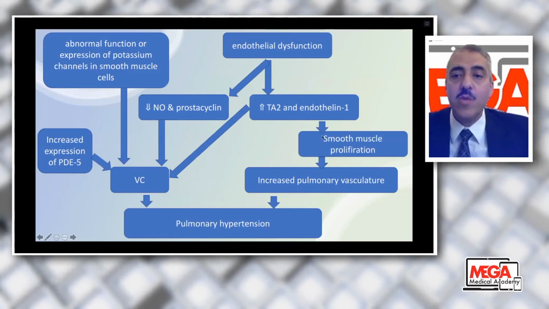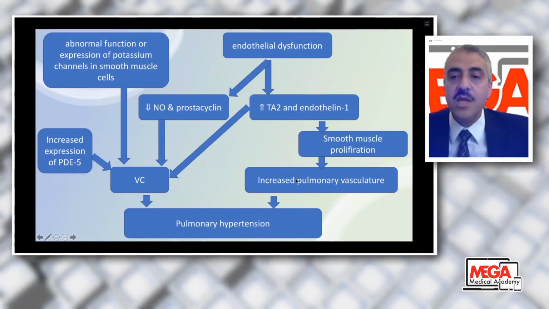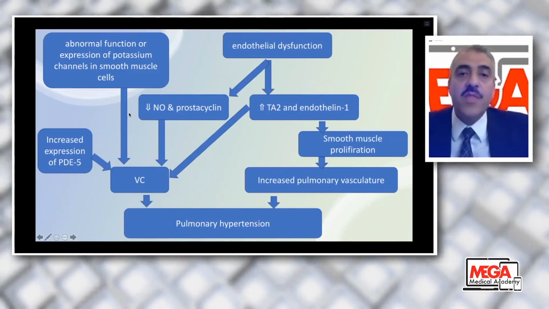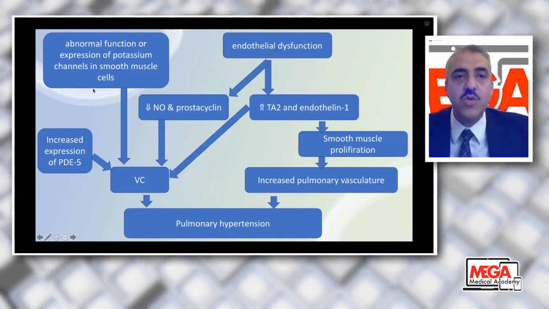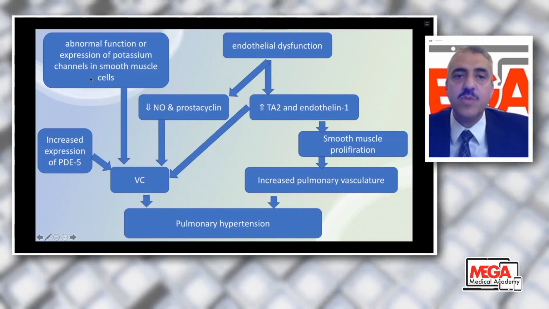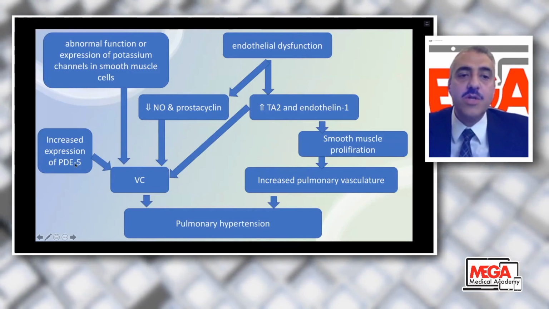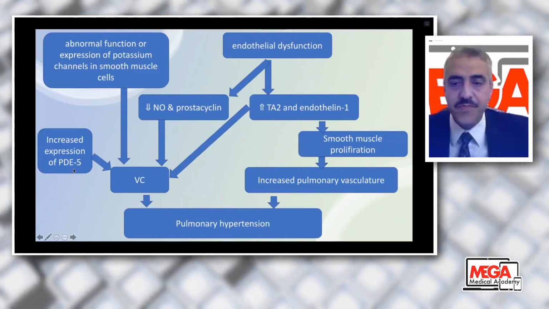Endothelin also induces smooth muscle proliferation, increasing pulmonary vascular resistance and pulmonary hypertension. There are two other mechanisms involved in vasoconstriction: abnormal function or expression of potassium channels in smooth muscle cells, and increased expression of phosphodiesterase 5.